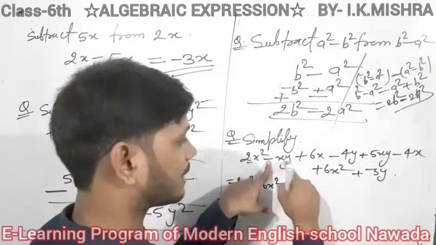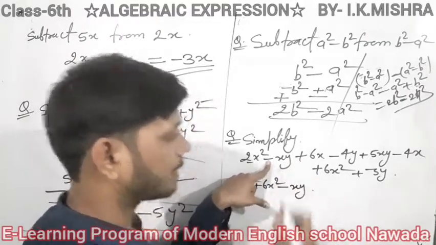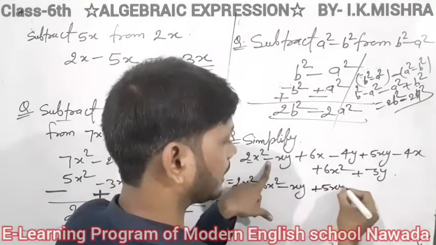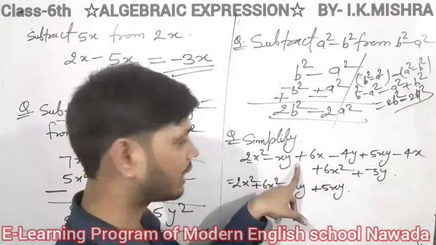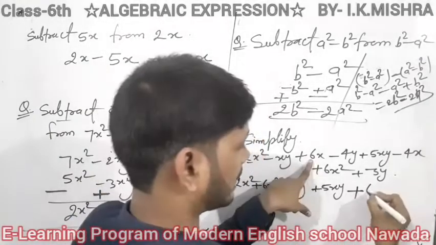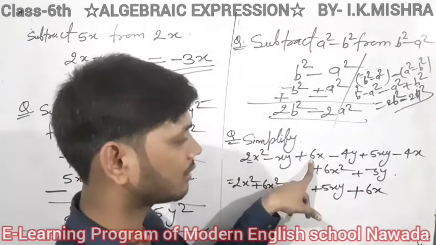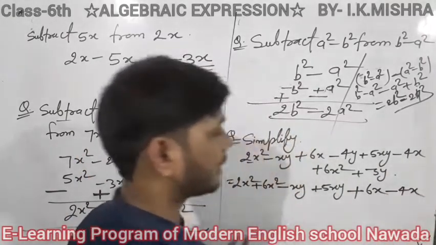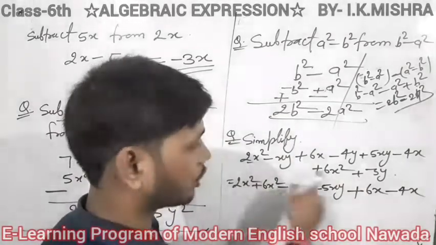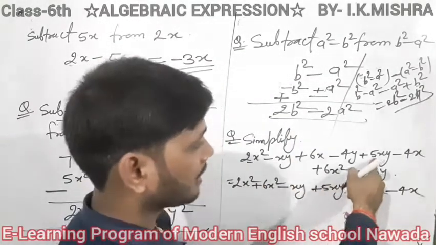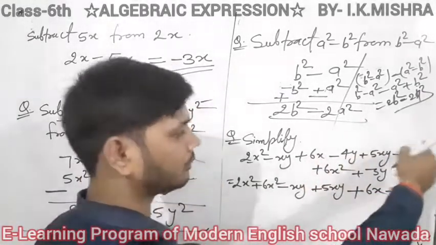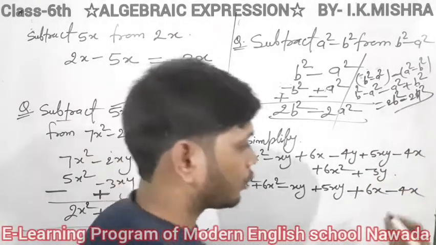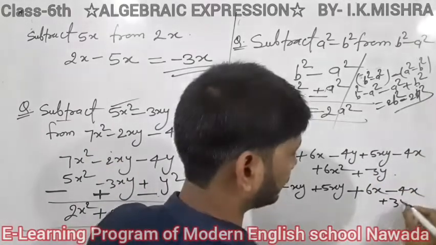After that, students, minus xy and the xy also written here plus 5xy, that means plus 5xy. And then plus 6x and, students, another like term of x is minus 4x, so minus 4x. And after that x square is written, xy also written, x is also written, 1 plus 3y is remaining, so write in last plus 3y.